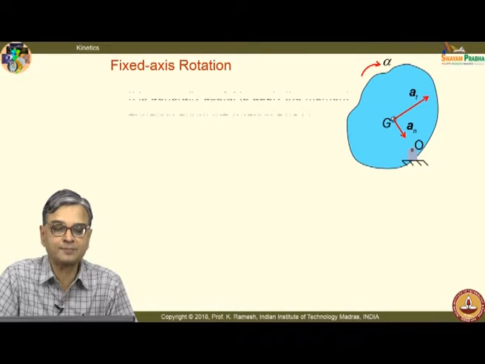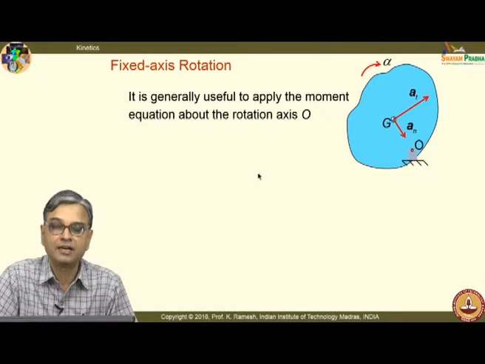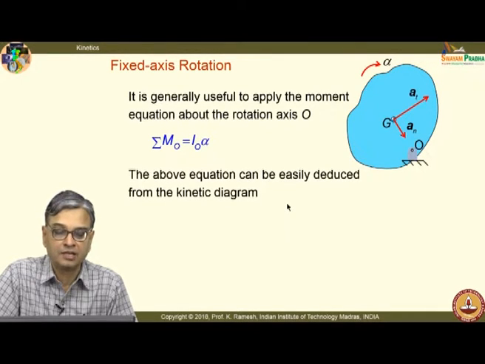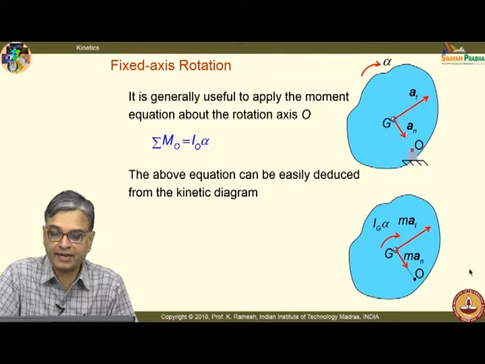You can also write the expression from a different perspective. It is easier to do it from a rotation axis O. I can also write this as M_O equal to I_O alpha. So, we can easily reduce it from the kinetic diagram.